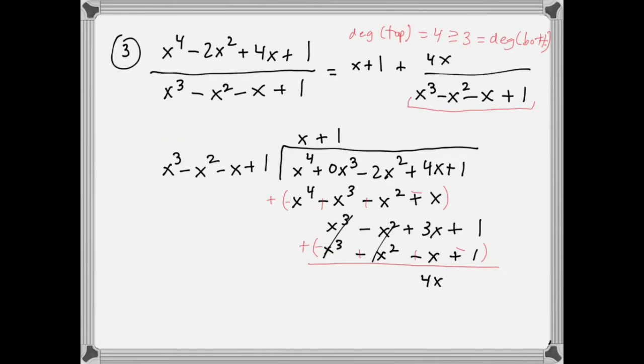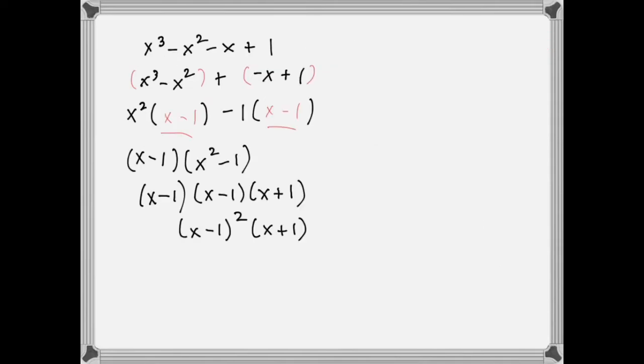So I had this before, so let me now write down what I have, okay? I have 4x over, my bottom is now x minus 1 squared times x plus 1. So what's my partial fraction decomposition going to look like?